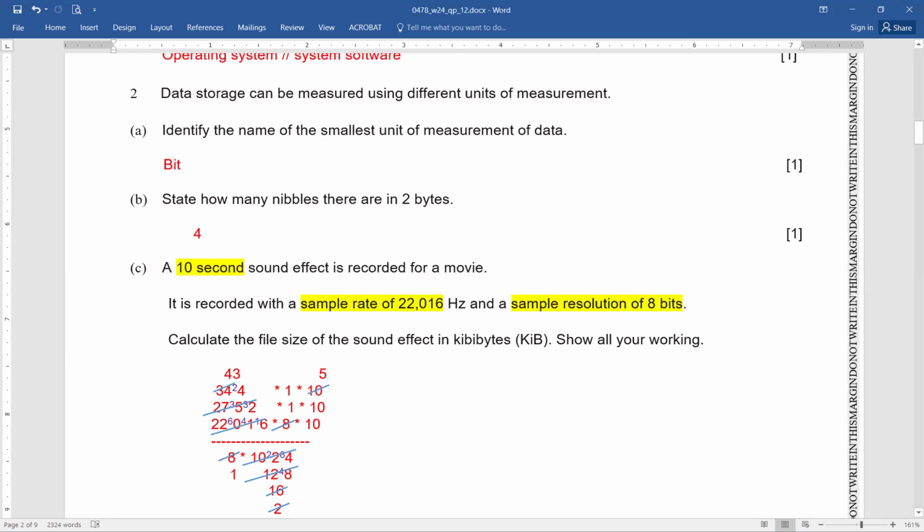Before I finished this whole working, I tried to do it and I found that 1024 is dividing in this manner. 8 times 1 is 8 and 2 remainder is carried here, 22. 8 times 2 is 16, remainder 6, 64. 8 times 8 is 64.